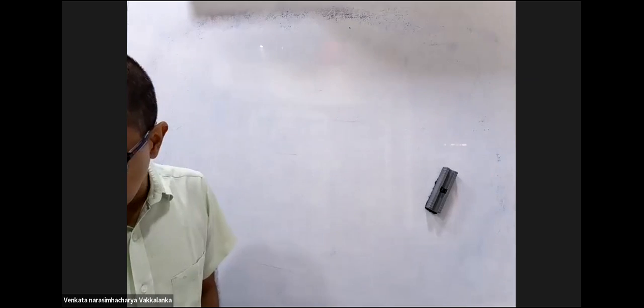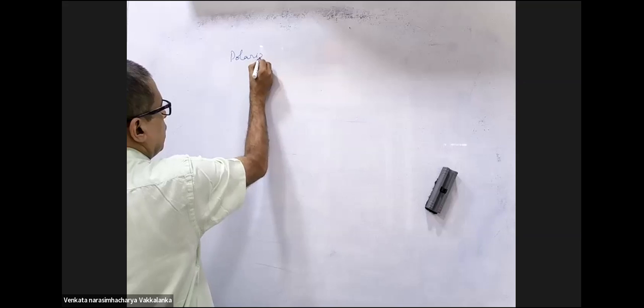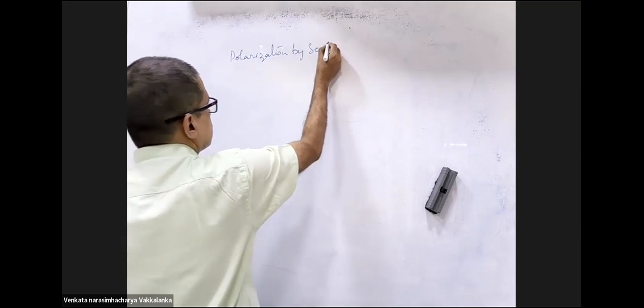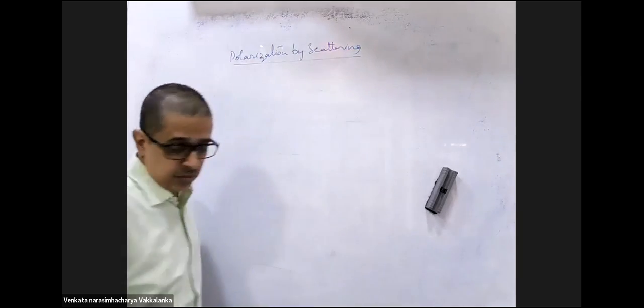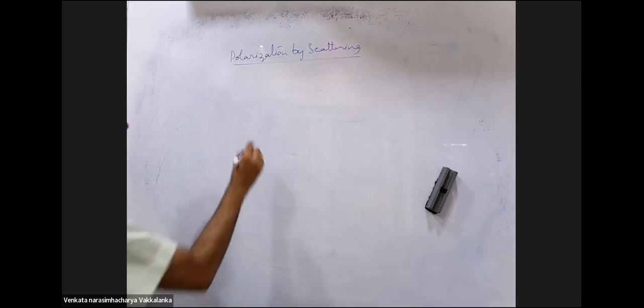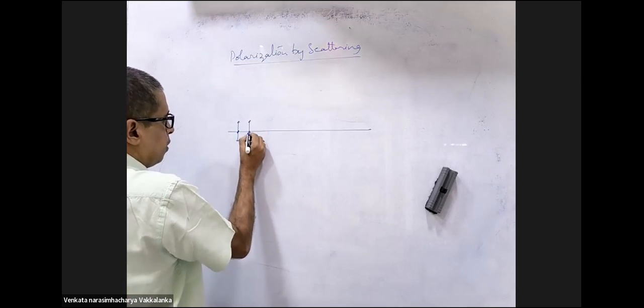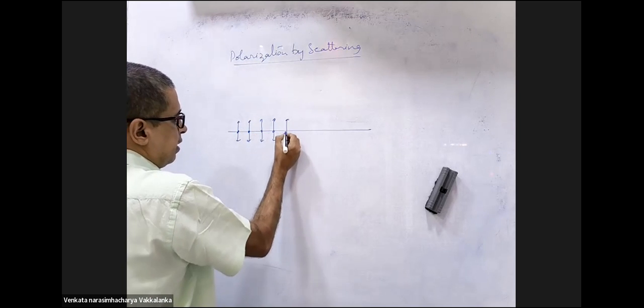The next one is polarization by scattering. Scattered light gets polarized. How do you see that? Here you have got scattered, unscattered light.